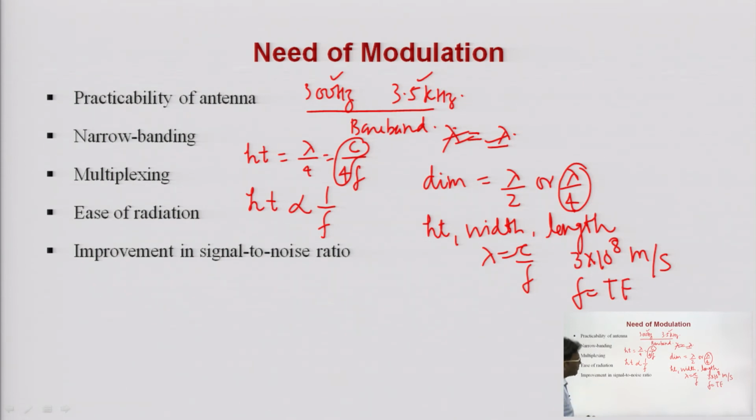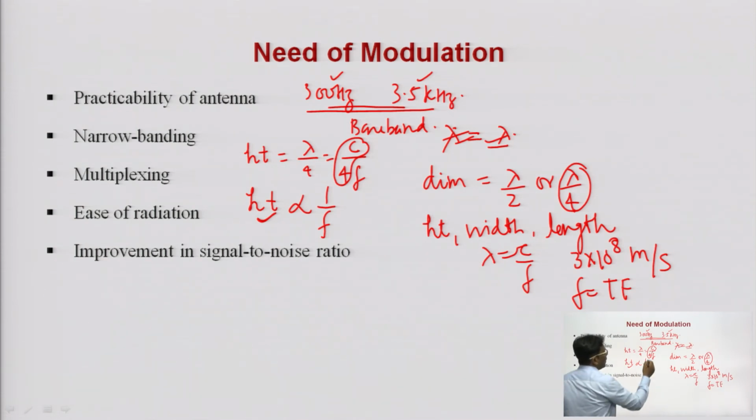So, if I transmit a baseband signal whose frequency components all lie near 0 hertz, meaning a very low range of frequencies, for example a speech signal of 300 hertz to 3.5 kilohertz, then the required height, length or width of the antenna is very high.